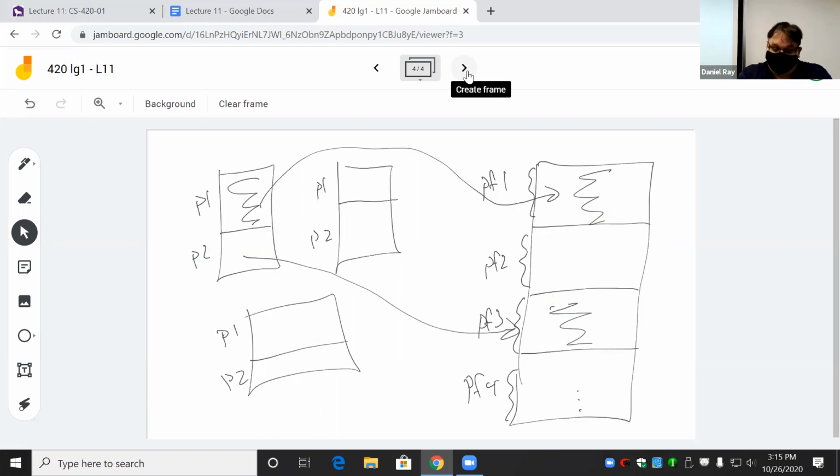And this may not fill up an entire page, but the leftover space we just leave blank, because we're only moving around chunks of page size. Does that make sense? Any questions about this high-level theory about what we're doing here?